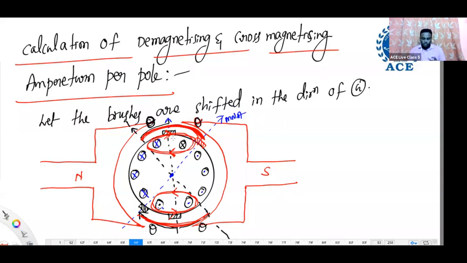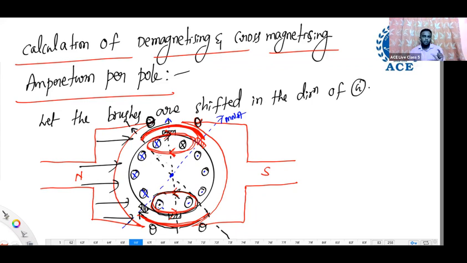Now if you observe these conductors, bottom and top, 2 theta and 2 theta, the flux produced by them is opposite to the main flux direction. This is the main flux, north to south. These conductors are mainly causing demagnetizing. Overall, the flux here is opposite to the main flux, and here also the flux is opposite to the main flux.